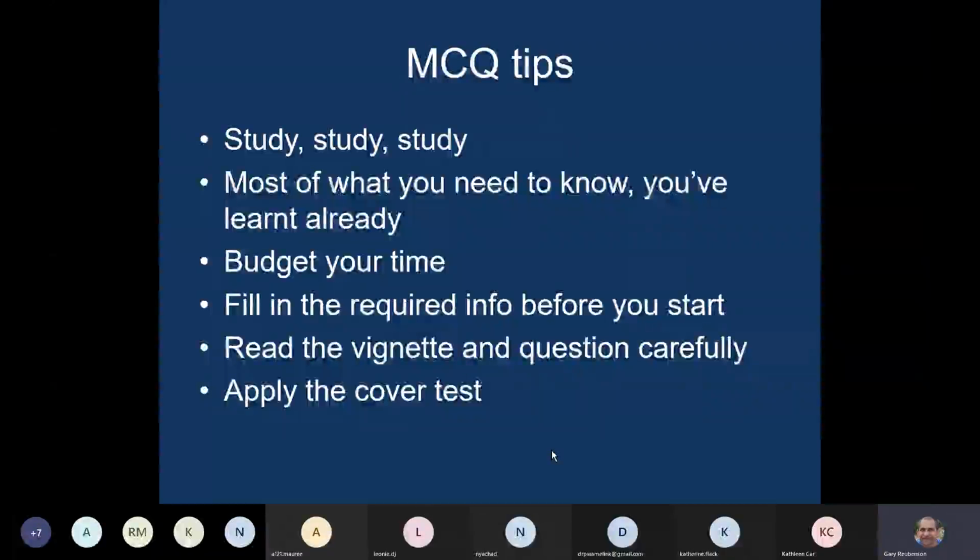That's the sort of knowledge that you need, and that's the sort of knowledge that your examiners have and think people need. So the vast majority of the information you need to pass the exam is the stuff you've picked up along the way that you already know and now need to apply.